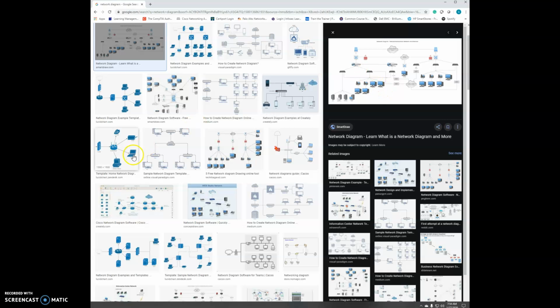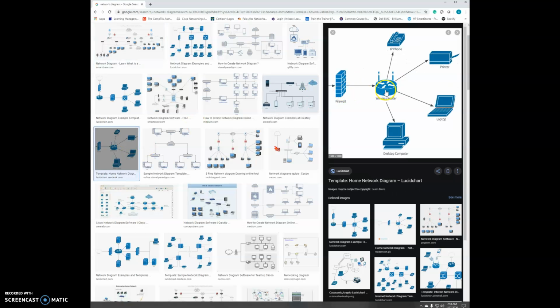So you can say, there is a firewall, a wireless router, an IP phone, a printer, a laptop. I think this would be changed from a direct connect image to more of a Wi-Fi signal image, signaling that the laptop's connected through Wi-Fi, not directly plugged in. That would be your network topology or your network diagram.